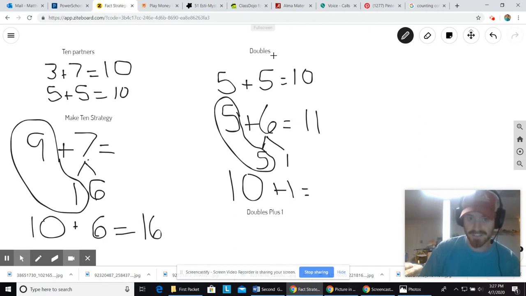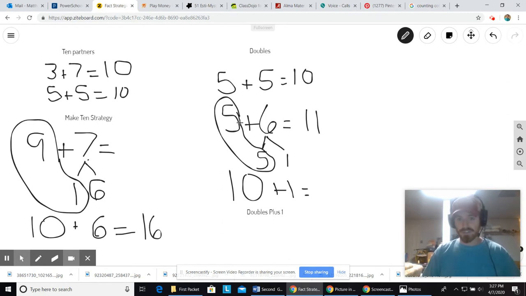Another strategy and another set of facts that they should know by now is doubles facts. Doubles facts are the same number added together twice. So 5 and 5, 10 partner, but also double fact. 5 and 5 makes 10. If you know your doubles, you can use that to answer doubles plus 1 problems, which could be another set of facts that could help your child.